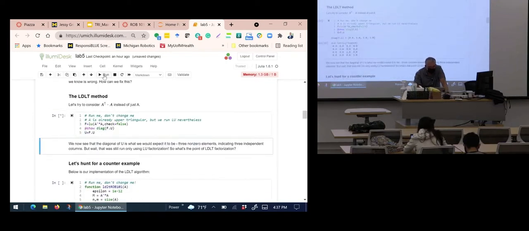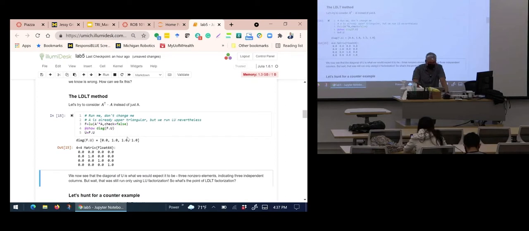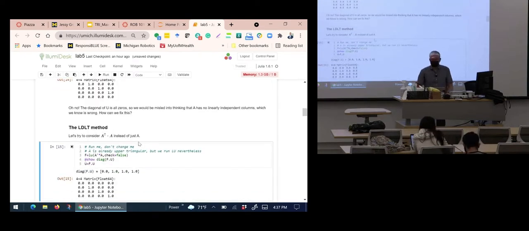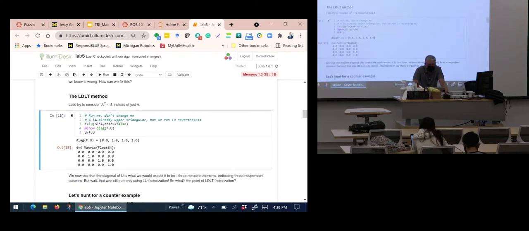We just do it. Okay, so now the diagonal of U has 3 non-zero entries, and our A matrix had 3 linearly independent columns. So in this particular example, when we form A transpose A and do the LU factorization, it's telling us the right answer.